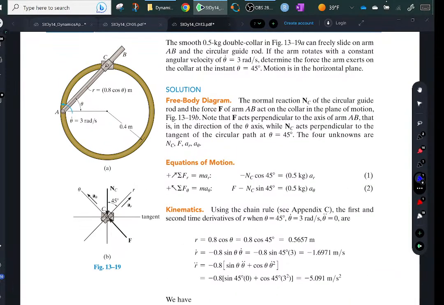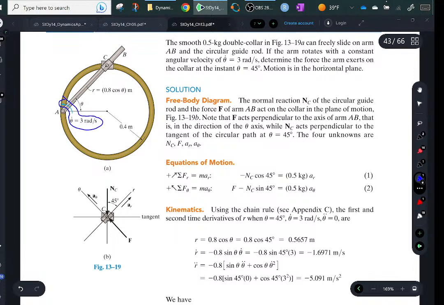So here's the complexity, and I think I assigned something like this in the homework. Here's the biggest part that you're dealing with. You have some object that's spinning about here, and as it spins, this collar sits up here.